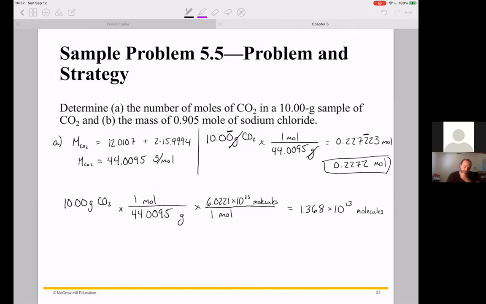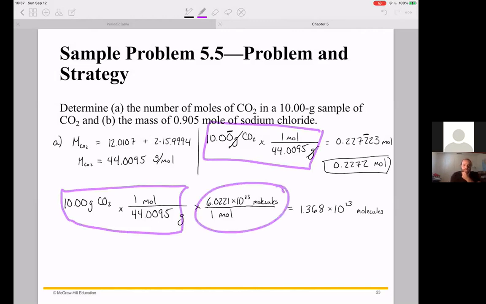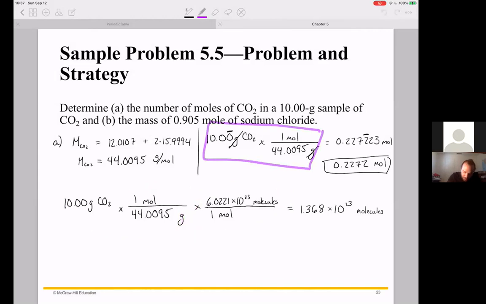Right, so now I've just noticed how this portion is the same first step, where I'm going from grams to moles. And now I have this second step where I make the jump from moles to molecules of CO2. So this is molecules of CO2. Okay, what if I wanted to go to actual atoms of oxygen? So not just molecules of CO2, but how many oxygen atoms do I have in that 10 grams of CO2?